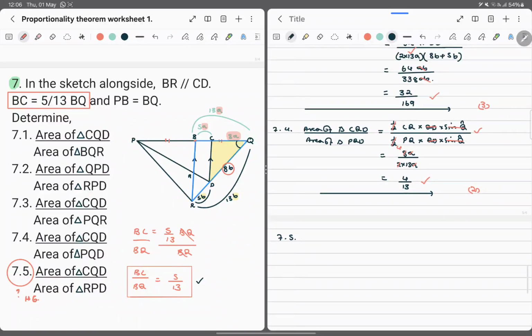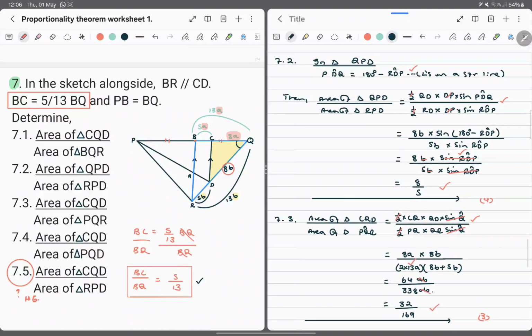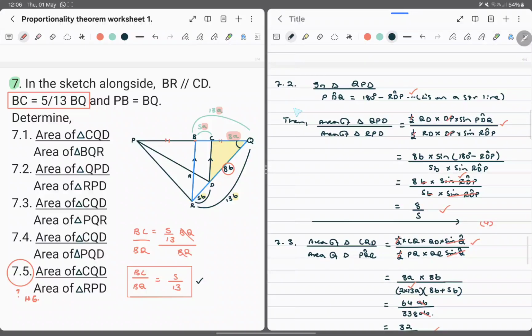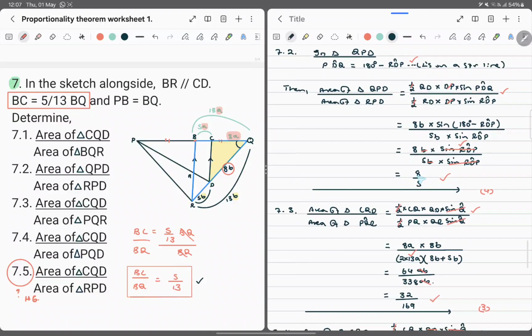So let's go. We know that RPD, where did we have RPD? There it is. So we got RPD in 7.2. So what did we see? We saw that the area of QPD over the area of RPD, or RDP, in 7.2, was 8 over 5.